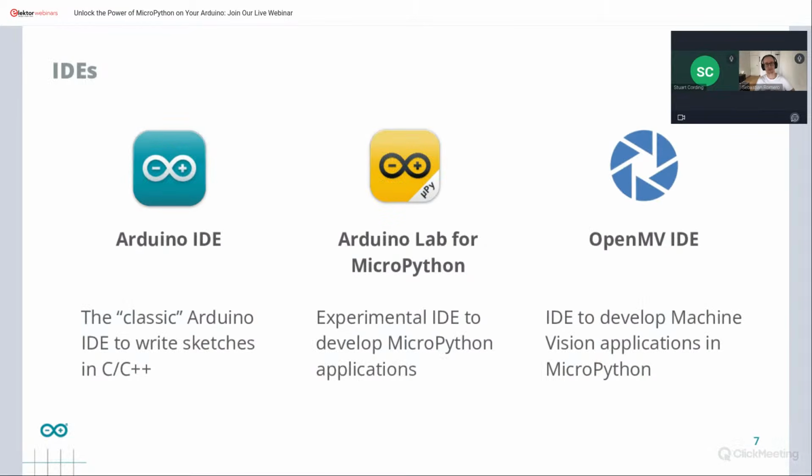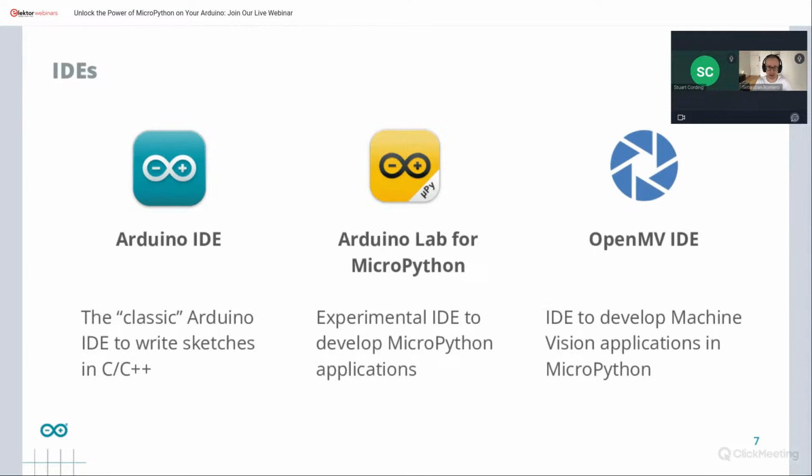Now, for developing MicroPython, in theory, you can use any text editor that you want, but there's a couple of more advanced options, or easier options maybe. We've previously been using the Arduino IDE for developing classic Arduino sketches in C and C++, and you can still do that. But if you want to do MicroPython, now we have something extra.